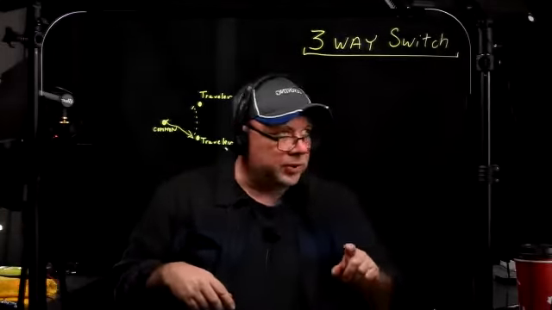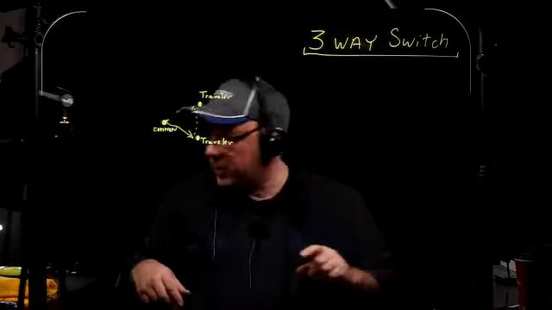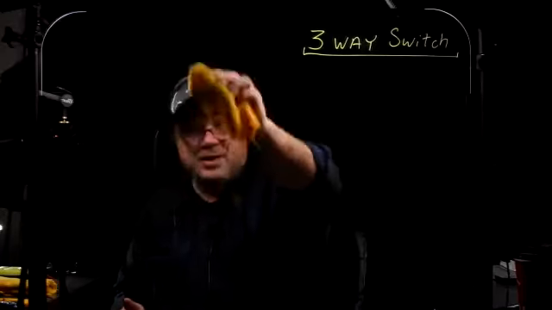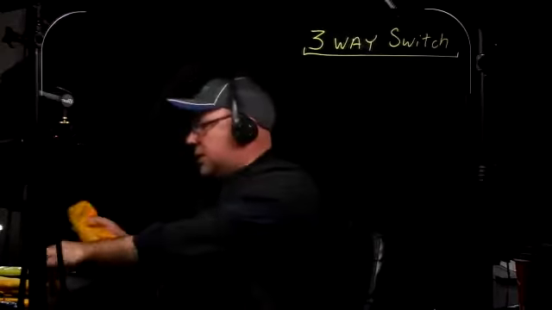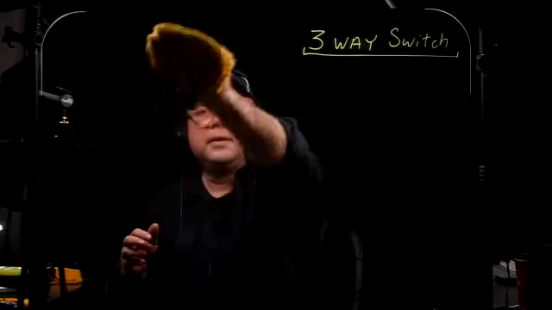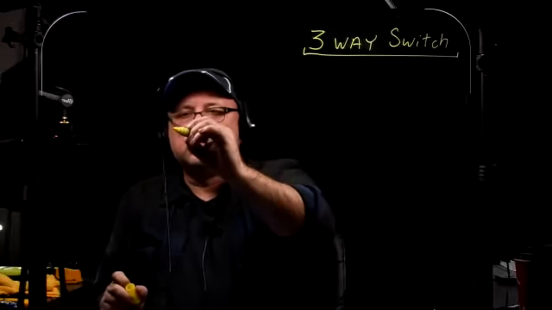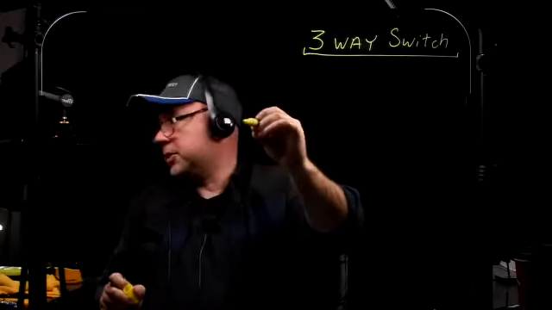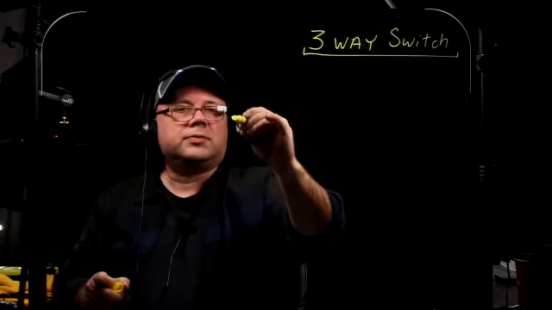Okay, so this is how it works. I'm going to erase this. And we're going to draw two switches and a light bulb. And the power is going to be supplied somewhere. First simple scenario here. We have one of the switches. I'll just make it smaller here. There's one switch.